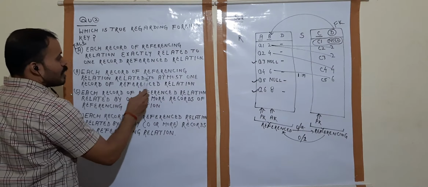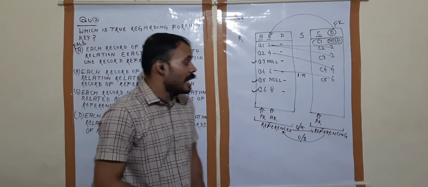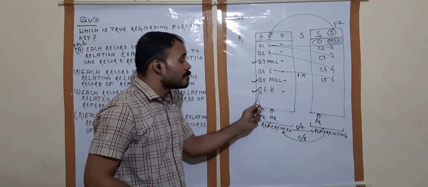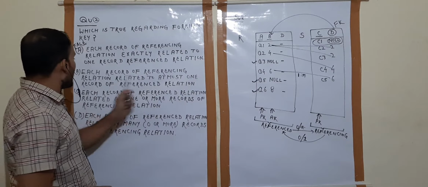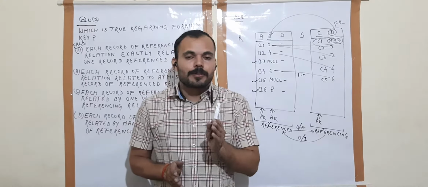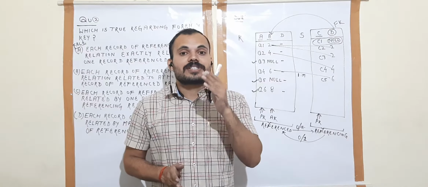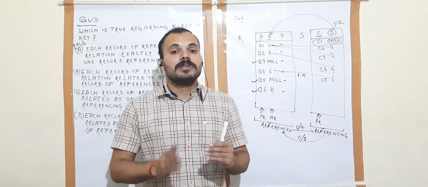Now see, each record of referencing relation is related to at most one record of referenced relation. It is saying that each record of referencing relation is related to at most one record of referenced relation. Now see here, at most one means maximum one, and minimum 0, means 0 or 1.